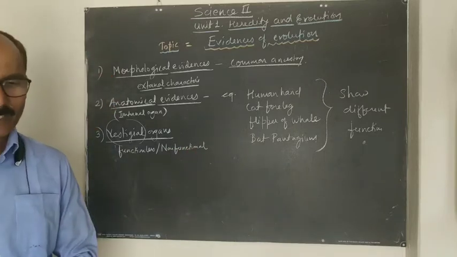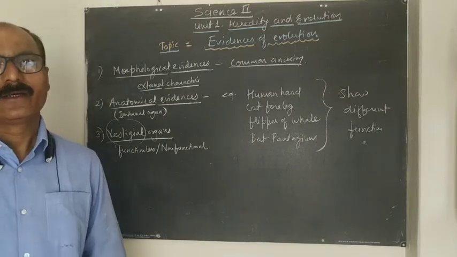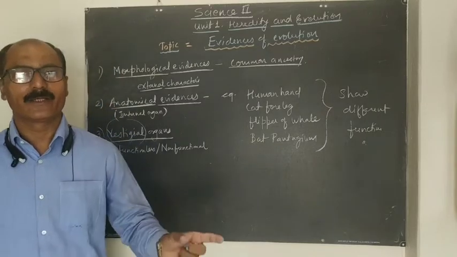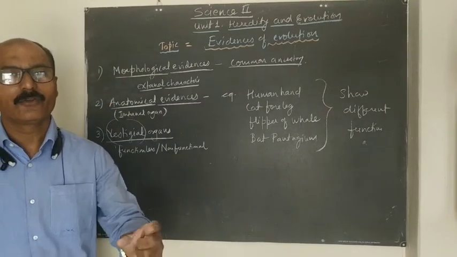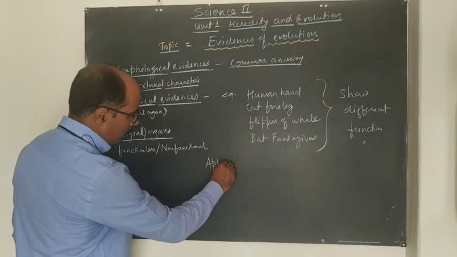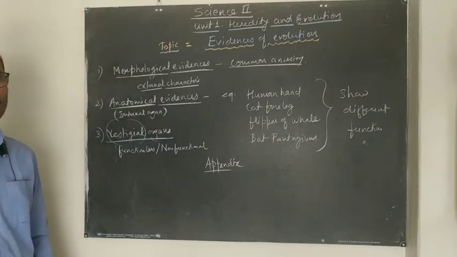In the textbook, several examples are given, but a very simple example is the appendix. The appendix is an organ in the human body which does nothing, having no function. But the appendix has a function in several types of animals.